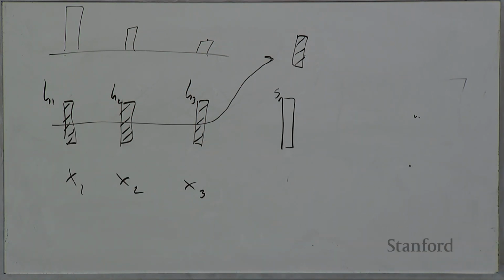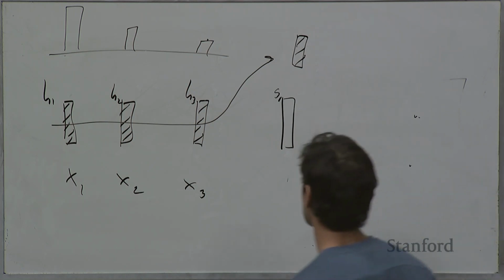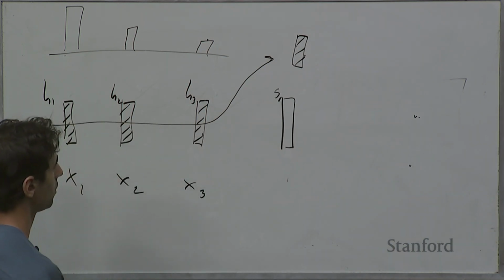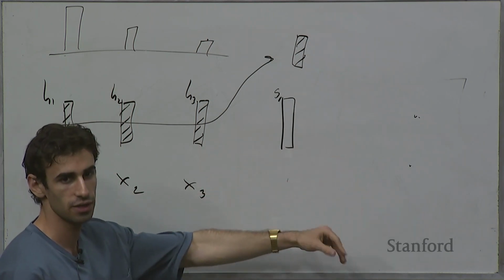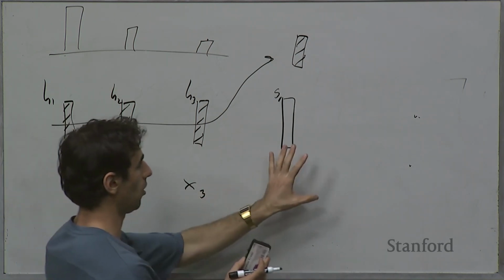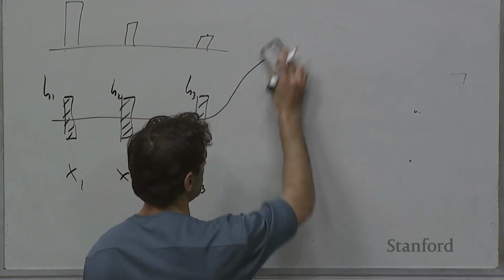And then more recently, there's what's called transformer models, which do away entirely with the RNN aspect. It's just attention.